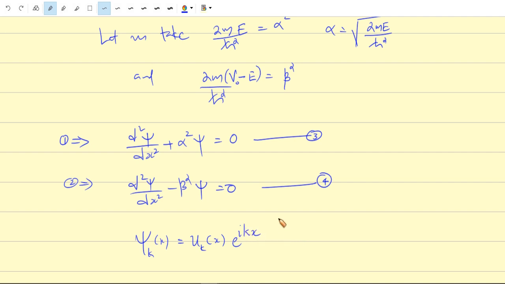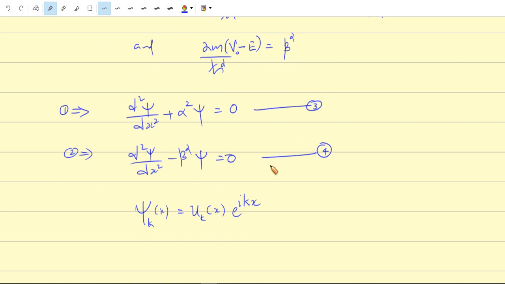So this is the solution of the Schrodinger equation for a periodic potential by Bloch theorem. You can write this as equation number 5. Okay, we should use this wave function in equations 3 and 4. So what is d square psi by dx square?